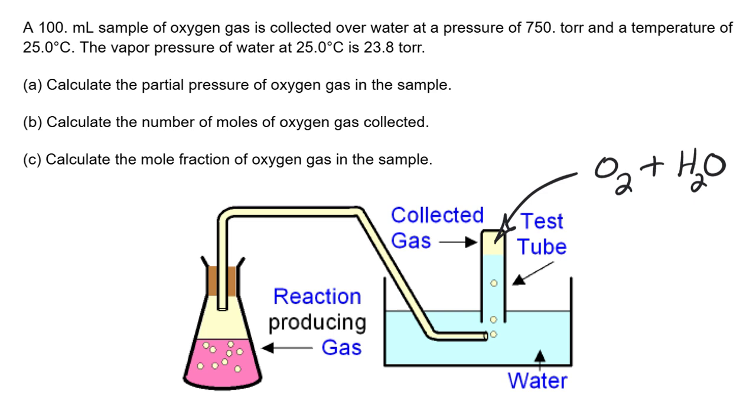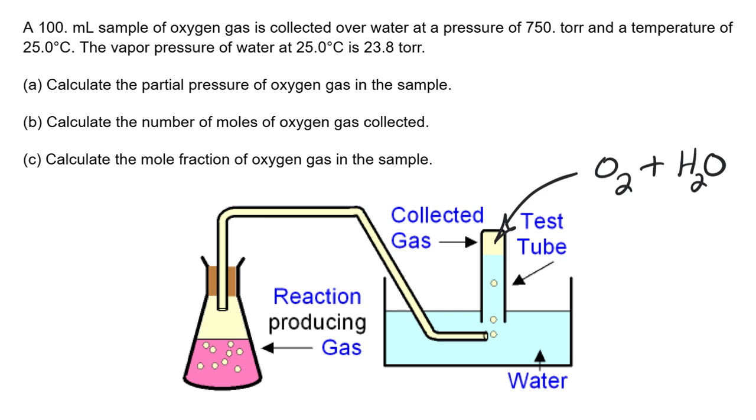And so what we have to do when we are calculating the pressure of oxygen is we have to take into account that the total pressure is the sum of the partial pressure of the oxygen and the partial pressure of the water. Now, a lot of AP chemistry gas laws questions start with this type of setup.